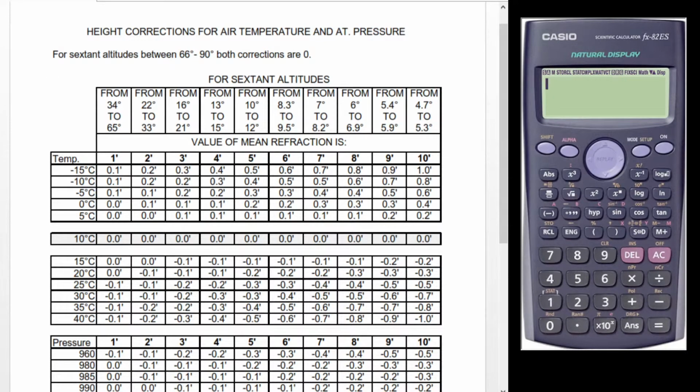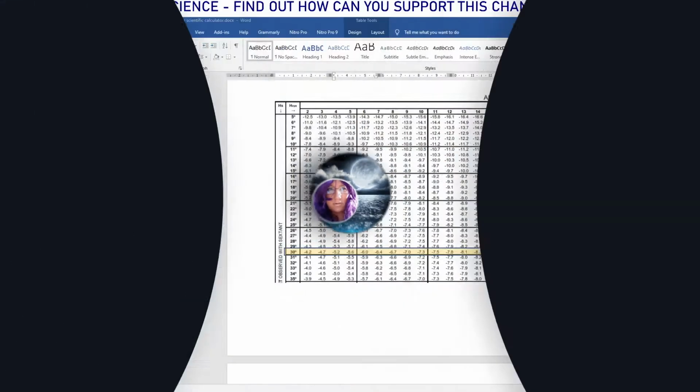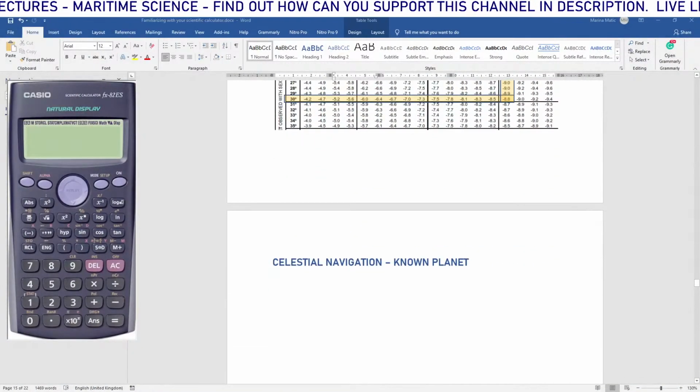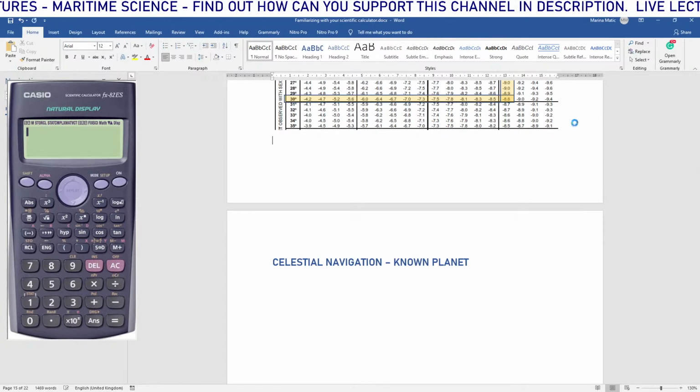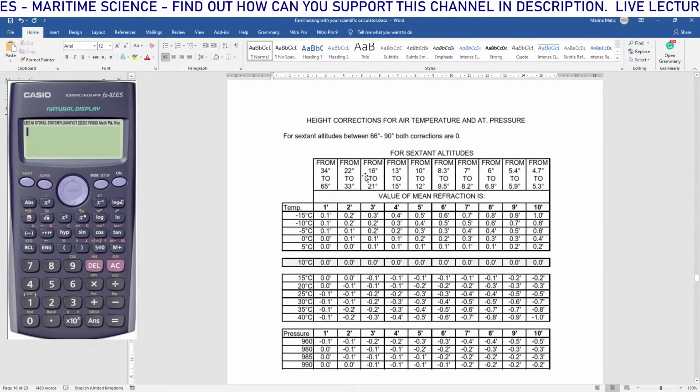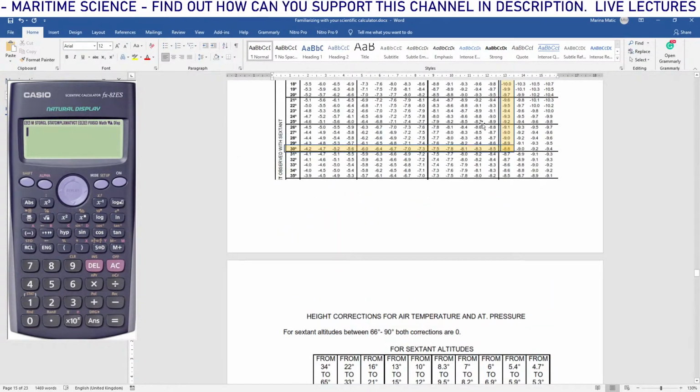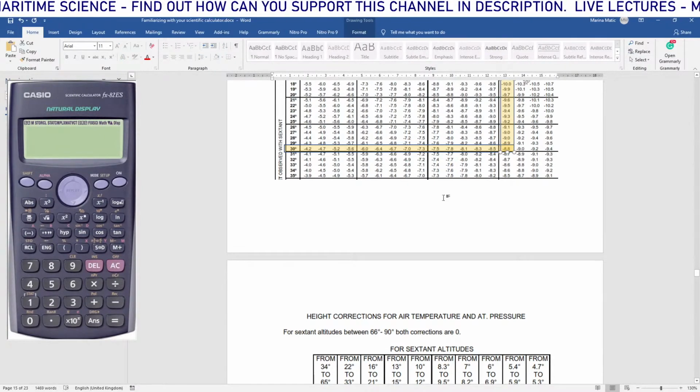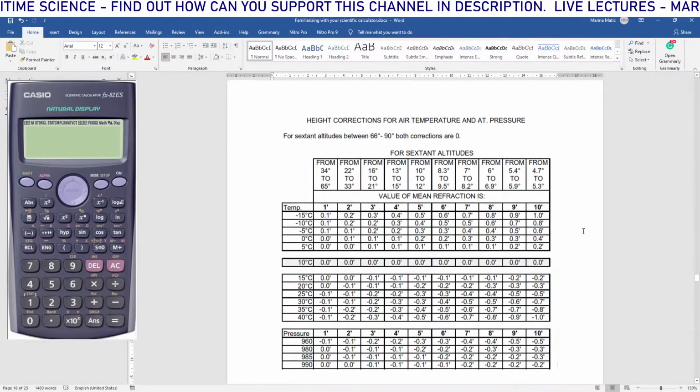Let's make it smaller so we have everything, and copy that into Word. Let's go back to the Word file and copy these ones, we can use them here as well.